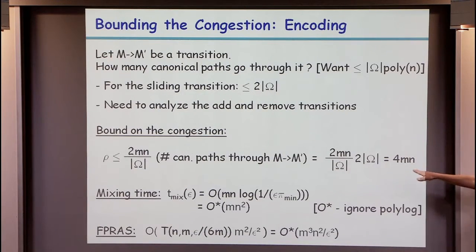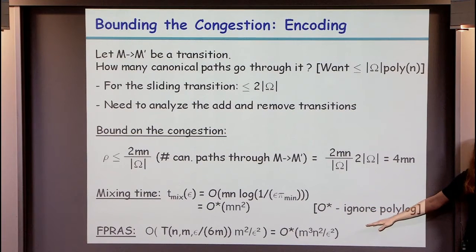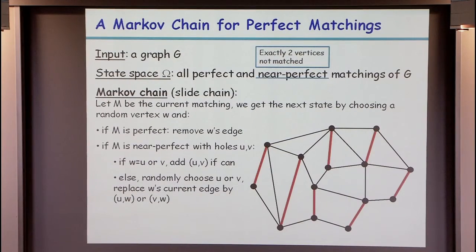And so what it boils down to is a bound on the congestion of roughly 4 times mn, if I didn't make a mistake. And that gives us a bound on the mixing time. And that, in turn, gives us an FPRAS, a randomized approximation scheme, using the product of the ratios that we discussed last time. Okay, well, now let's move to perfect matchings.